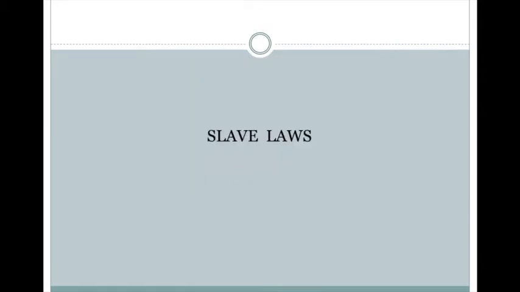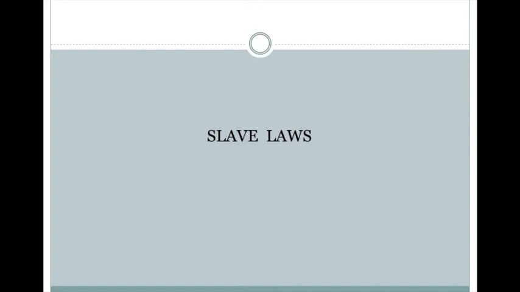Slave laws during the 1800s were very much the same as they were when they were first established in the Chesapeake colony. Slaves were considered property and had few legal rights. Slaves were not allowed to testify against a white person or carry a firearm.